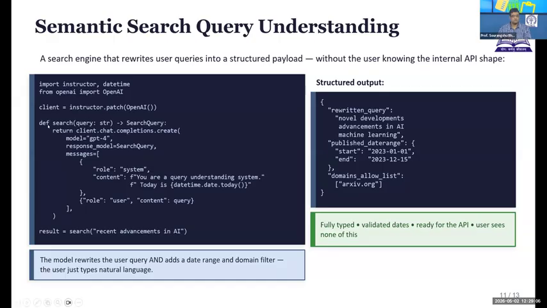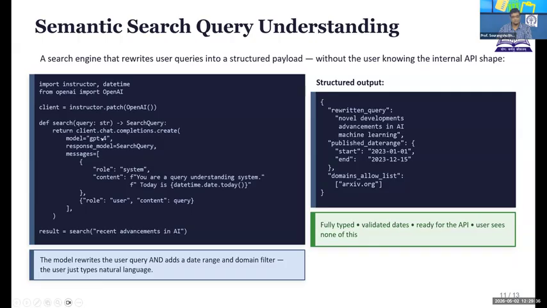So when you are doing the search query, you are obviously providing the query, and you just say client. Note here client is now not an OpenAI object but an Instructor object which has been wrapped around an OpenAI object.